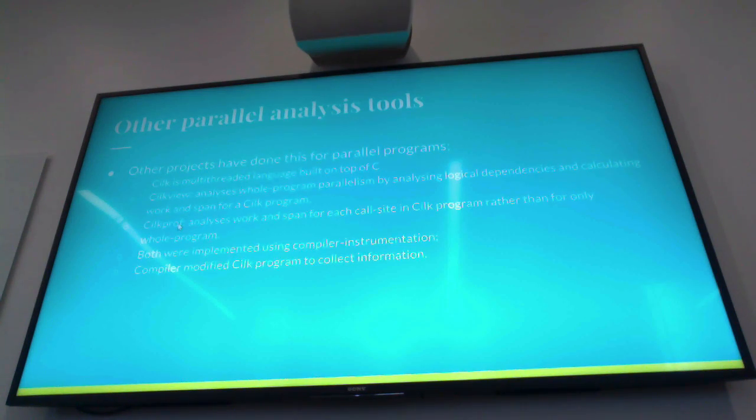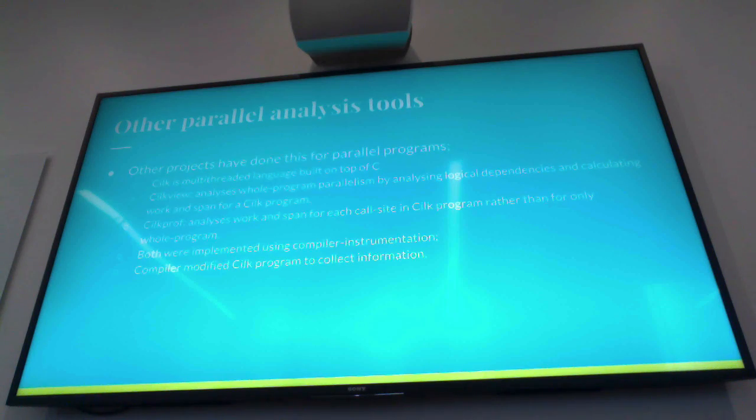They can use that to give you information about the parallelism in your program. And then Cilkprof came later, and instead of doing work-span analysis for the entire program, they did it for each call site in the program. So they could give you much more detailed information about your Cilk program. They use this tool to take poorly performing parallel programs and suggest to the developer, you should go look at this call site in your program, and maybe you can make a change that will improve the parallelism.